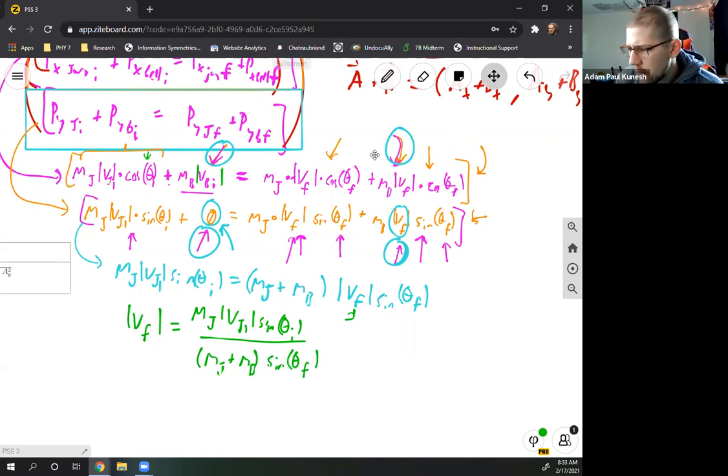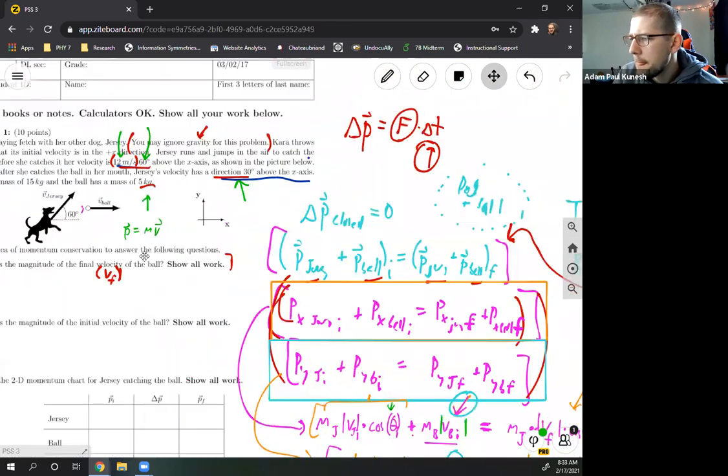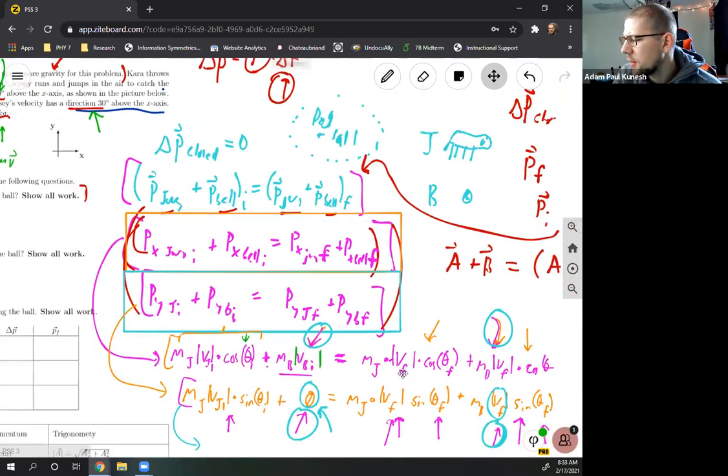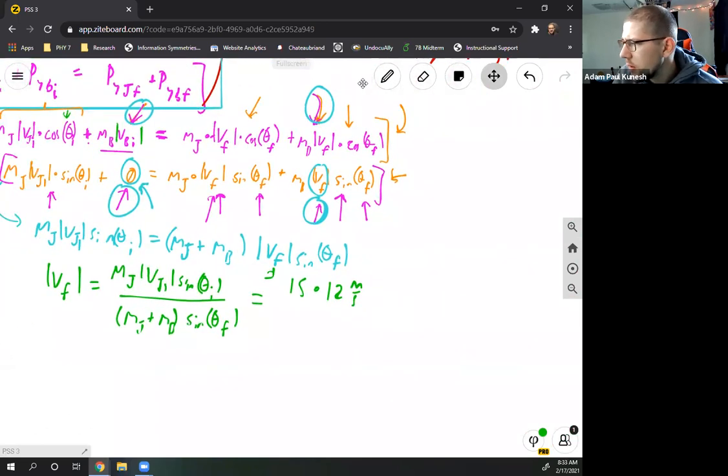Cool. All right, let's plug in. So the mass of Jersey is 15 kilograms. The velocity of Jersey initially, I believe, was 12 meters per second. Let's double check that. Yep, 12 meters per second at 60 degrees above the x-axis initially, 30 degrees finally. So the initial angle for Jersey is 60 degrees, sine of 60 degrees.